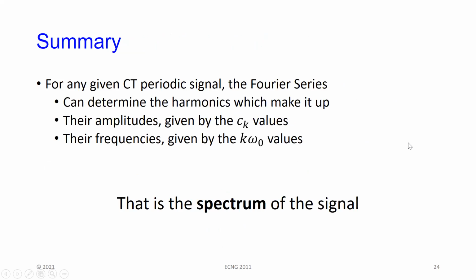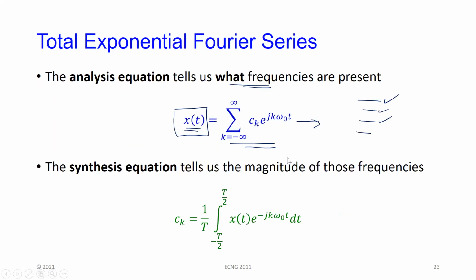So for any continuous periodic signal, and we're going back to this now, the Fourier series can determine the harmonics which make it up, that's the amplitude, which are given by the CK values, and the frequencies, which are multiples of the fundamental, and that is the spectrum of the signal. So if you take xt, and for each of the values of k, you work out what CK is. So you'll have C naught, C1, technically C plus or minus 1, C plus or minus 2.